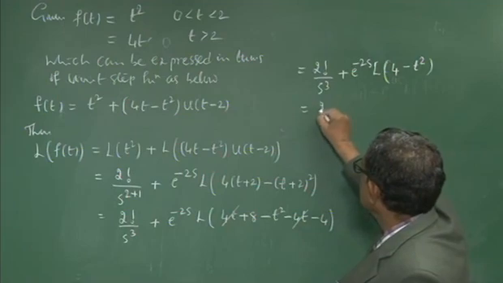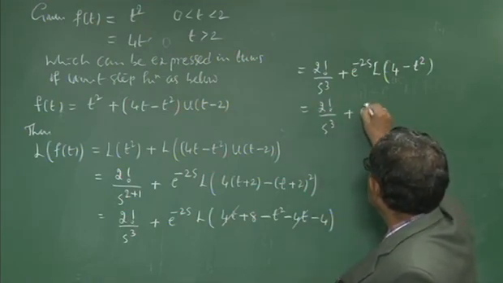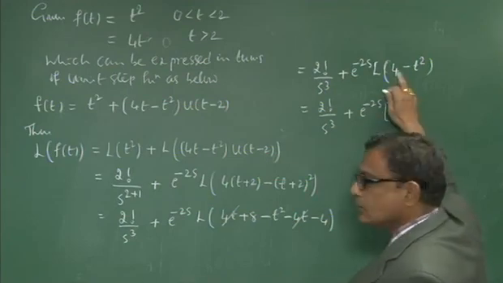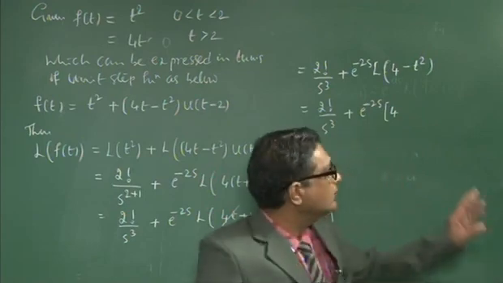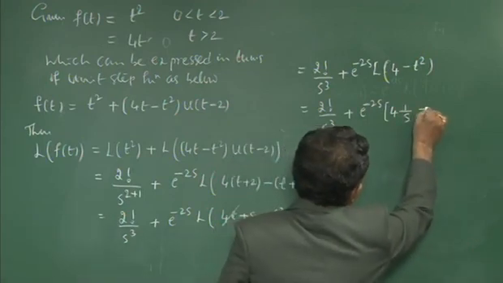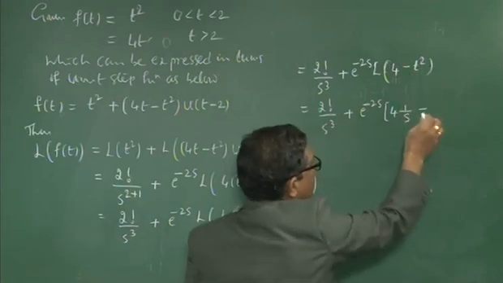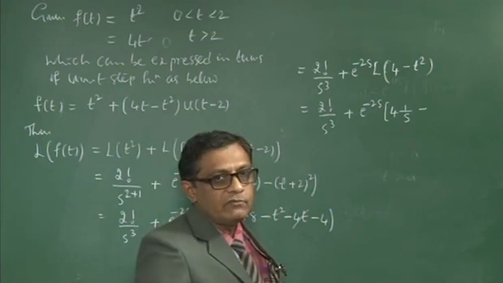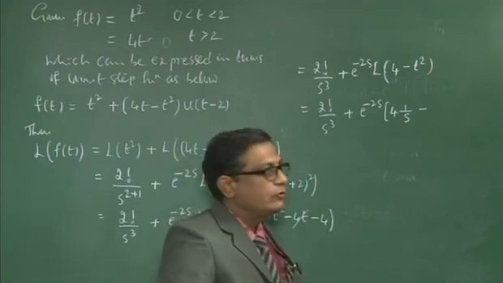Now it is 2 factorial by s cube plus e raised to minus 2s. Now 4 is a constant. What is L of 1? L of 1 is 1 by s, minus L of t square, again L of t raised to n, n factorial by s raised to n plus 1.